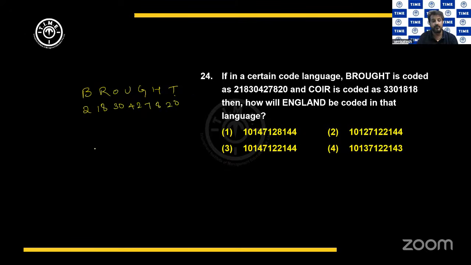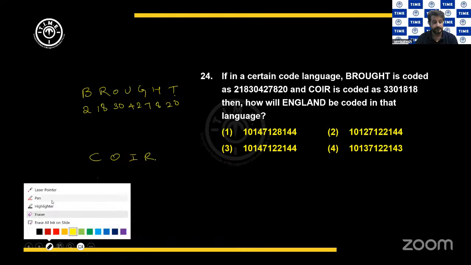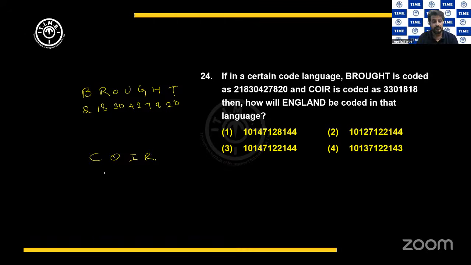Now we have been given one more clue. What is that? "Coir" is 3, 30, 18, 18.